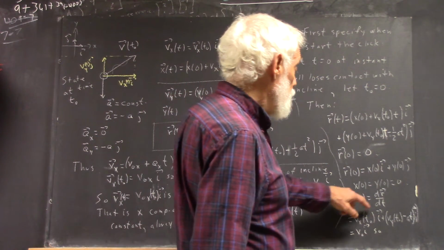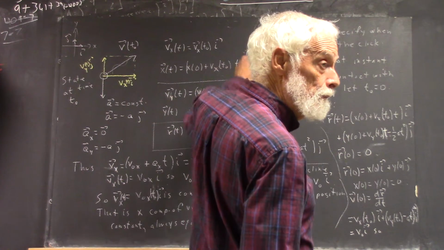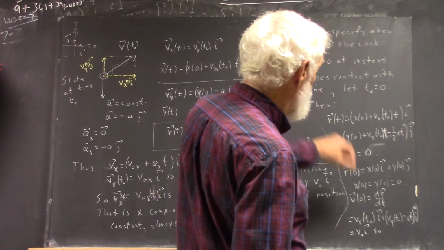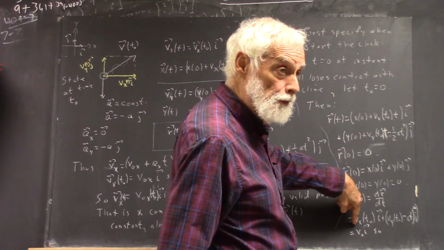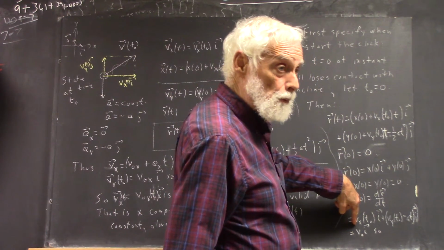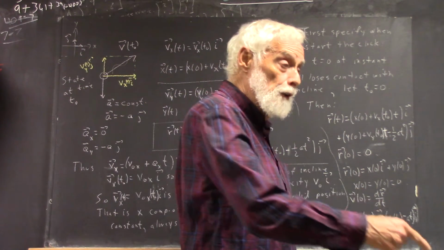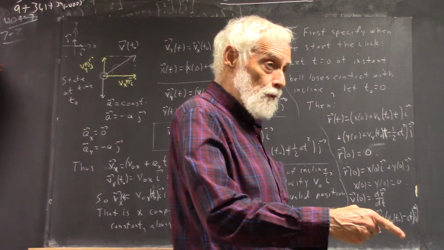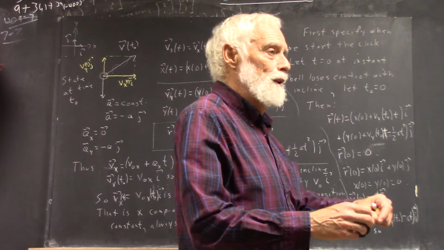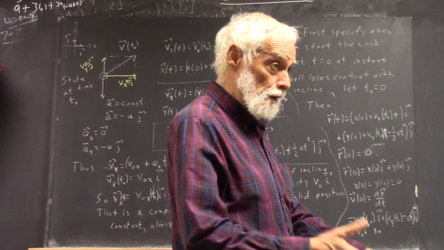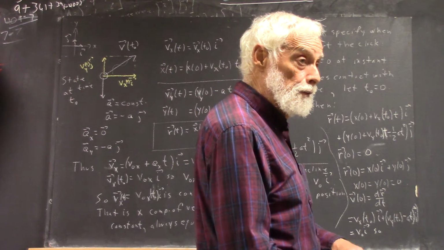So vx of t0 equals v naught, and vy of t0 has to equal 0, because the j component of this is 0. There's no j component in the initial velocity. Now in a minute we're going to do one where we do have a j component, because we want to analyze what happens when that ball does roll off an incline without changing its direction. Its direction begins changing instantly after it leaves the incline, but that direction is the direction of the incline at the instant the ball leaves.